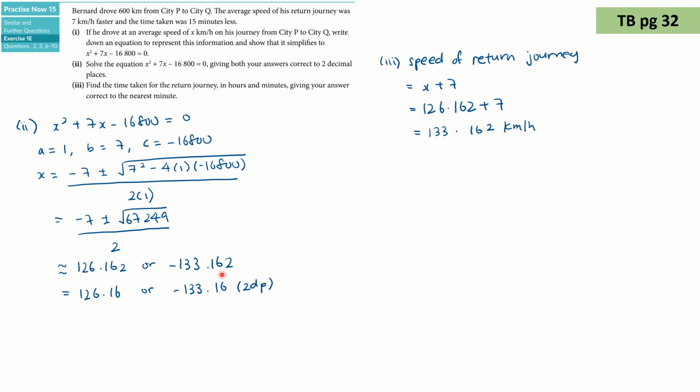Why did I not take negative 133.16? I hope you know the answer. The reason is actually because we're trying to determine the speed over here, and the quantity speed cannot be negative. That's why we have to take the positive value and hence reject the negative value.